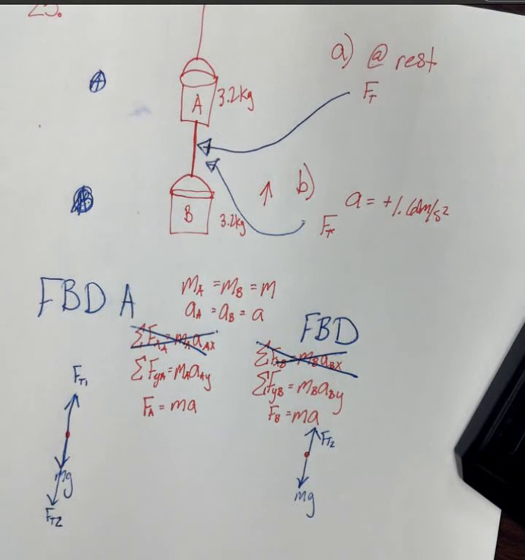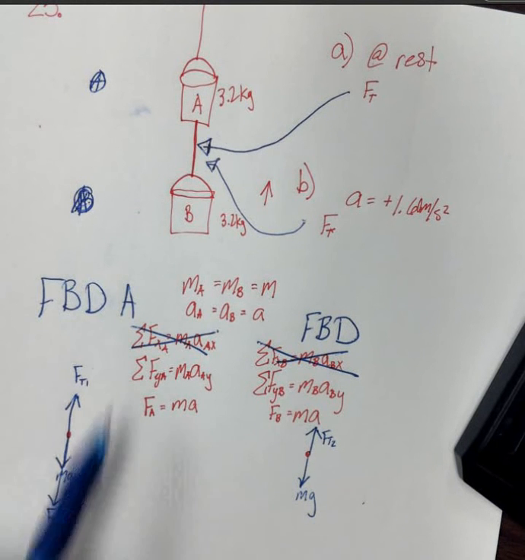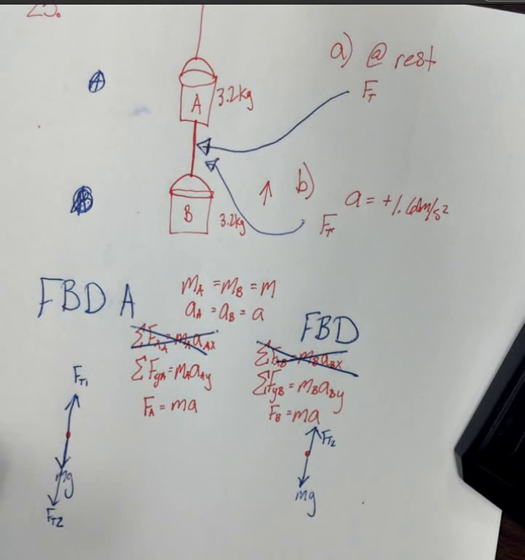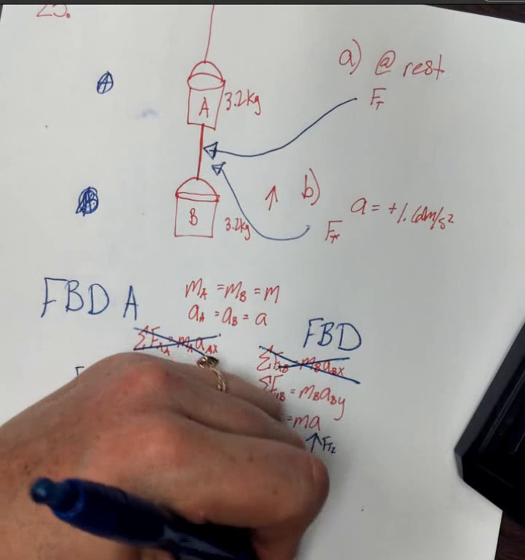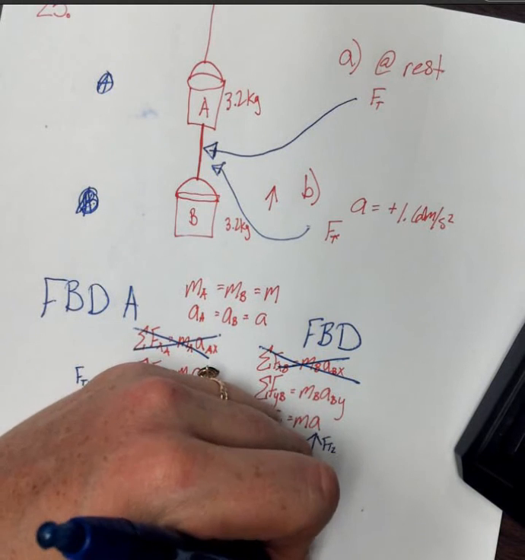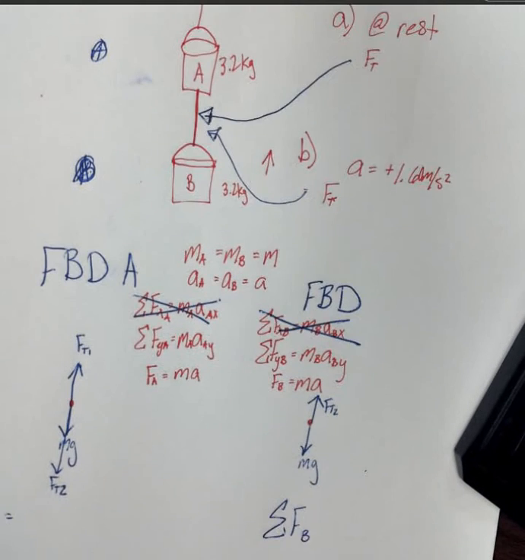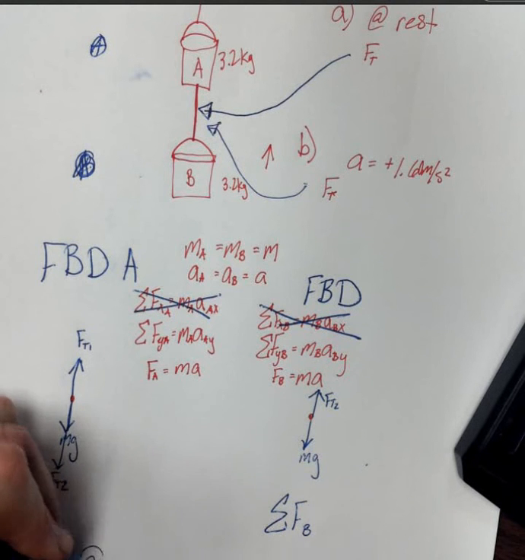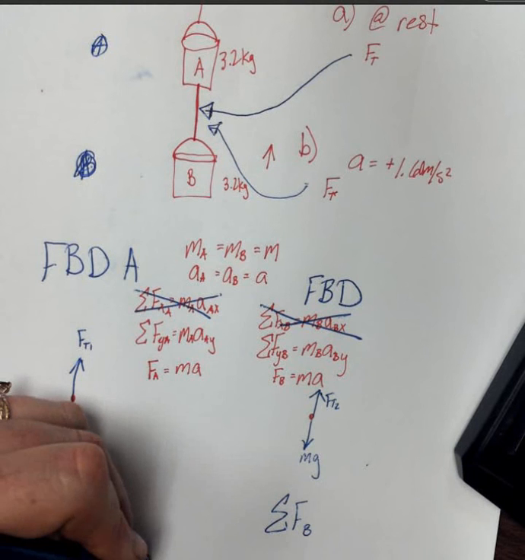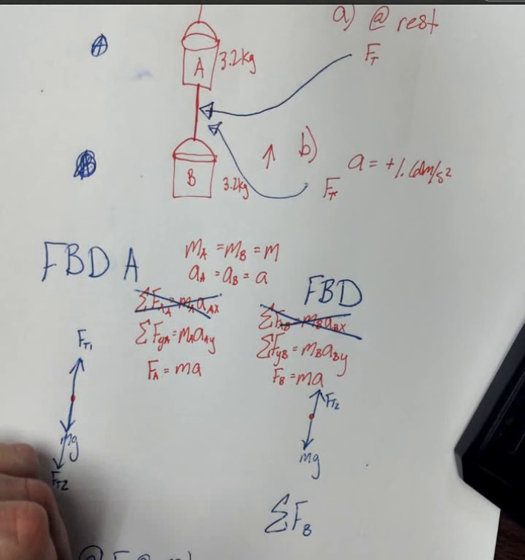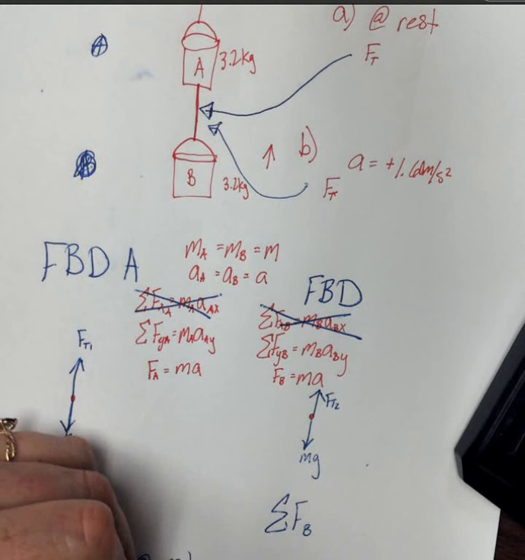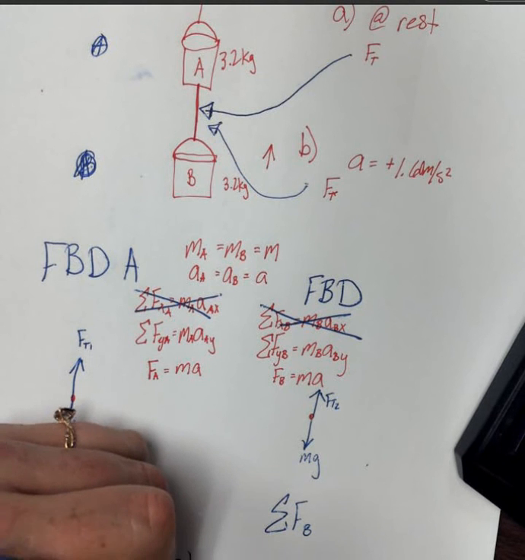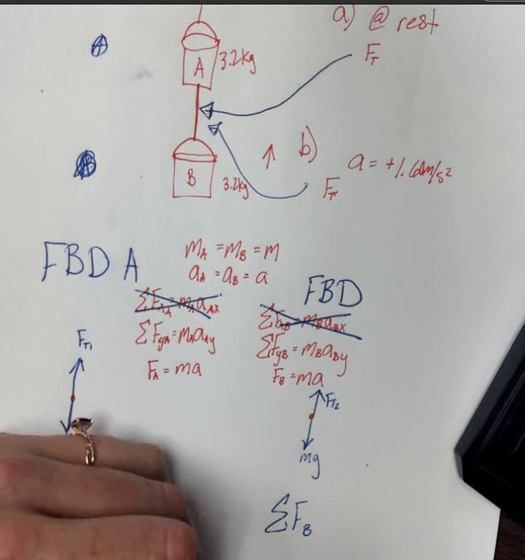So now I have two free body diagrams, two conceptual setups where I should be able to figure out the net force on bucket A and the net force on bucket B, and from these you should be able to calculate the tension at rest in A, and in B the tension with an acceleration of positive 1.60 meters per second squared.